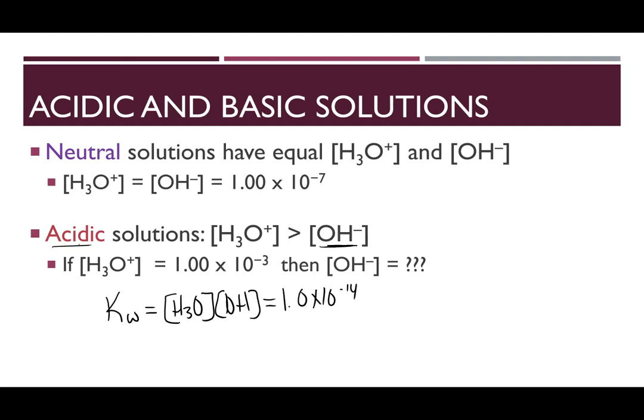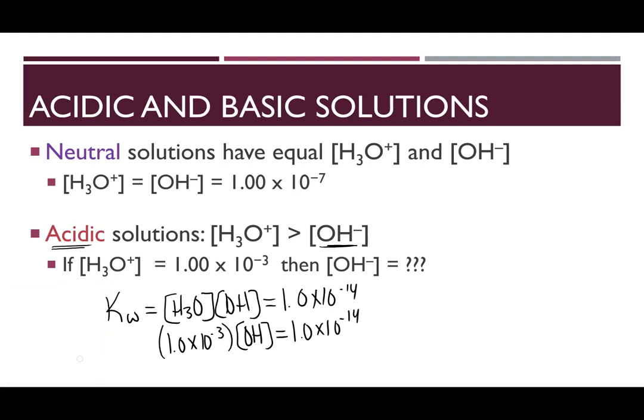In our acidic solution, we have said that the concentration of hydronium is 1.0 times 10 to the negative third. And we want to know what the hydroxide concentration is, and this is still equal to 1 times 10 to the negative 14th.